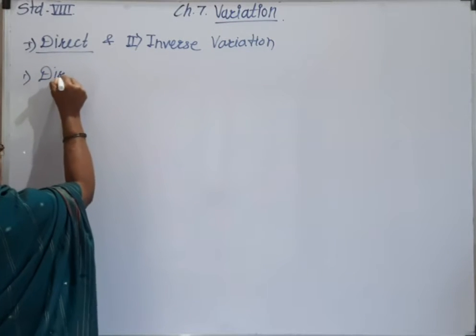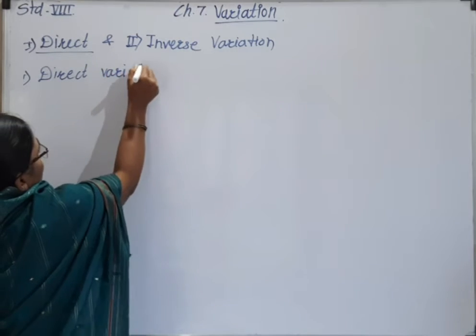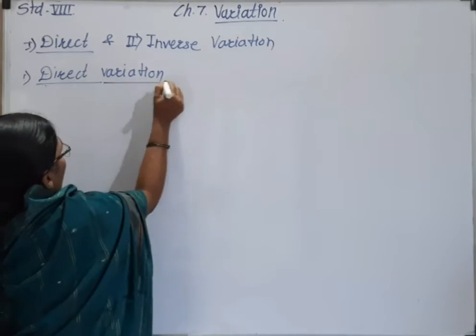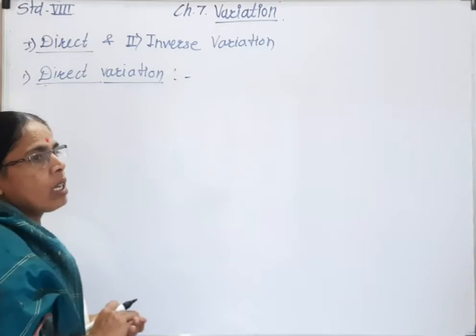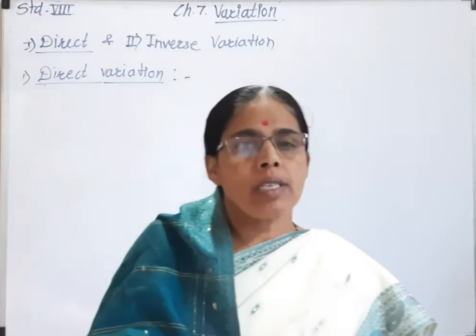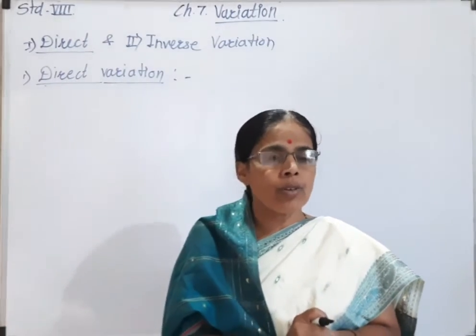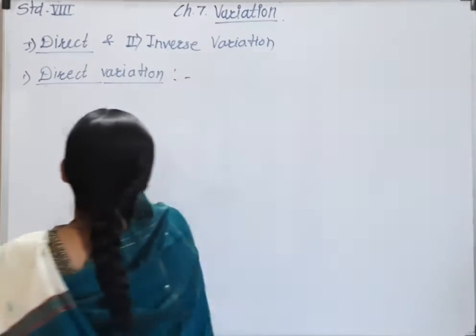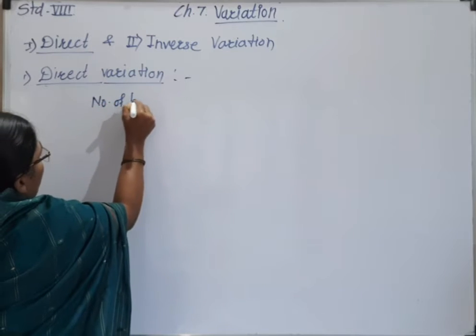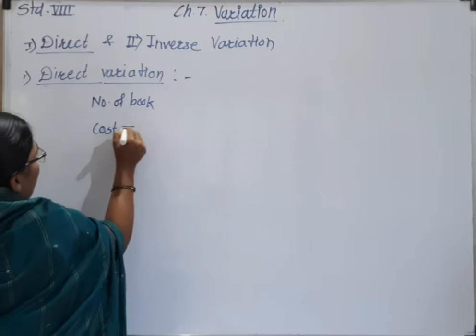Now in direct variation, I will give another example. If we want to purchase notebooks and the cost of one notebook, or one register, is 50 rupees, and if you want to purchase 10 notebooks, then the cost will also increase. Here I am writing the number of books and the cost in rupees.